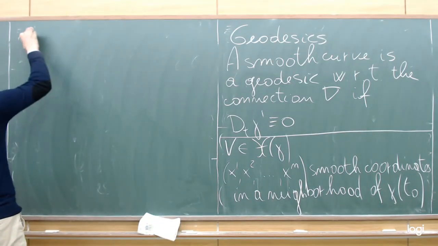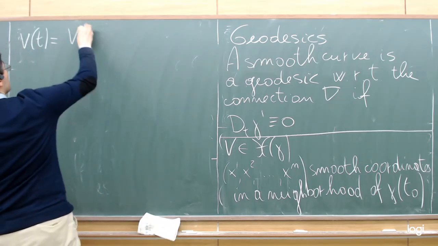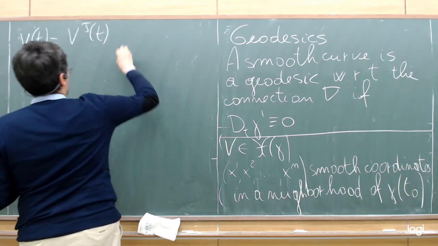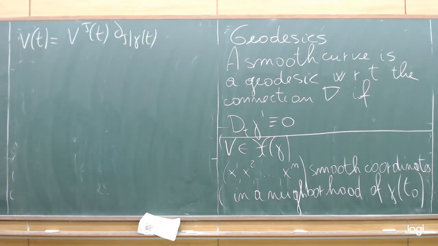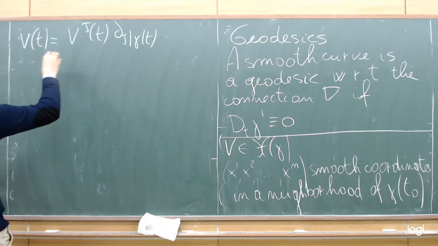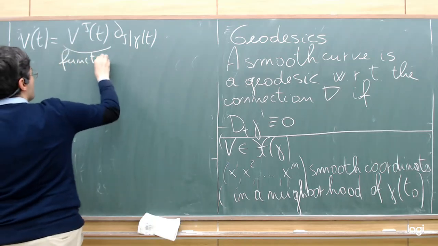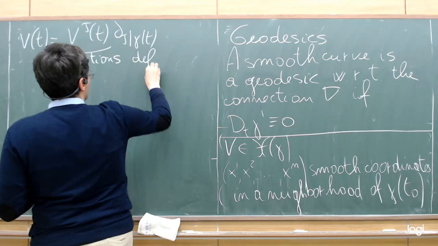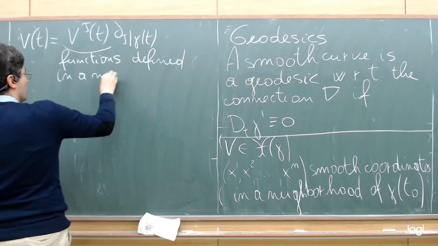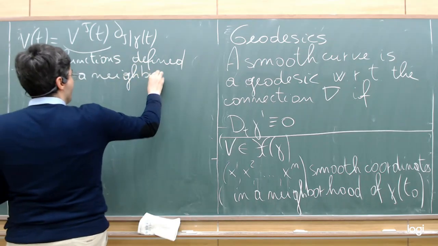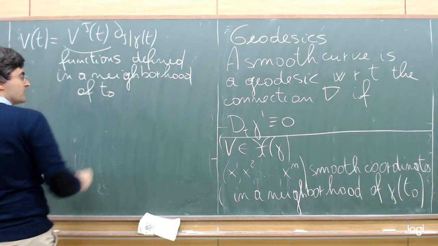Then we can write V(t) as V^j(t) ∂_j at gamma(t), where these are functions defined in a neighborhood of t0.